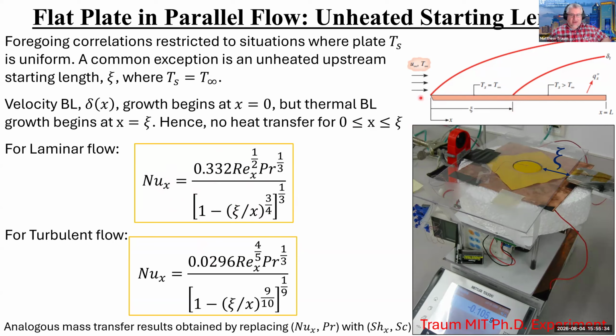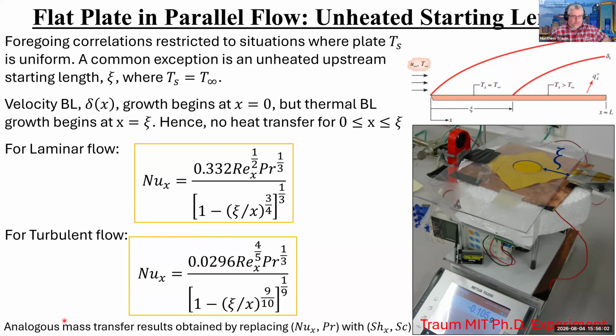X is the distance down the plate that you're interested in actually finding the heat transfer. So that quantity raised to the 3/4 power, and then the whole thing raised to the 1/3 power. That ends up in the denominator for laminar flow, with that same laminar flow correlation in the numerator. And then for turbulent flow, we use our turbulent flow correlation with a similar denominator. This denominator is just, instead of using 3/4 and 1/3, it's just 9/10 and 1/9, right?